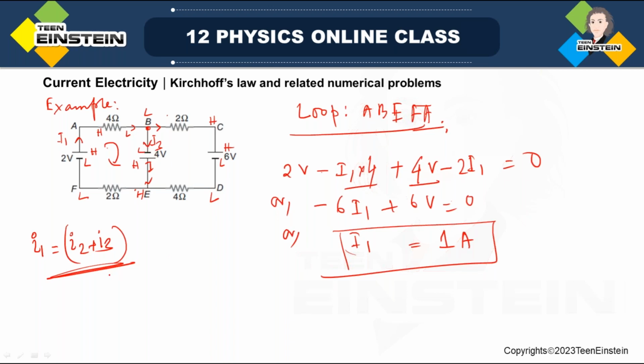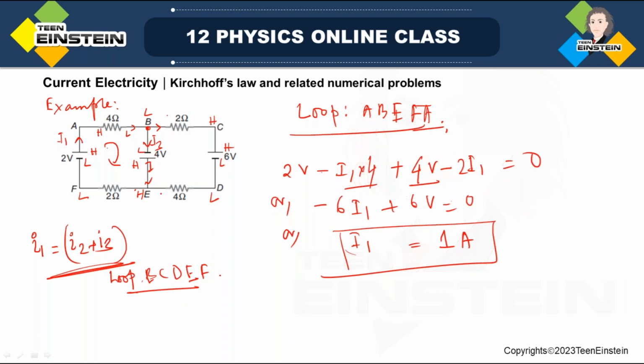So for loop BCD, BCDF, sorry, EF. For this loop, let us write the Kirchhoff law, KVL.